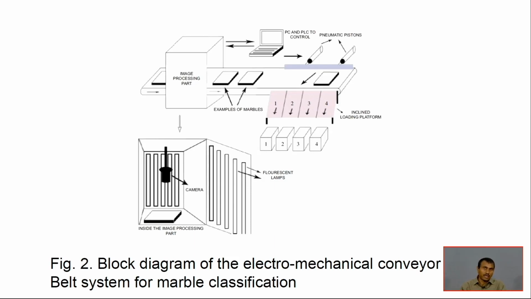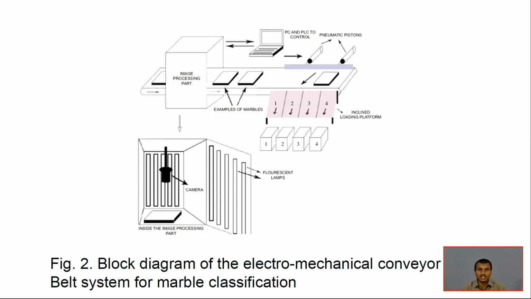Again the movement of the conveyor belt is initiated, then it stops, and the camera takes the image. Then again it gives the command to the computer, and the computer to the control system to the pneumatic piston, and it moves again. So side by side, this image acquisition continuously takes place.